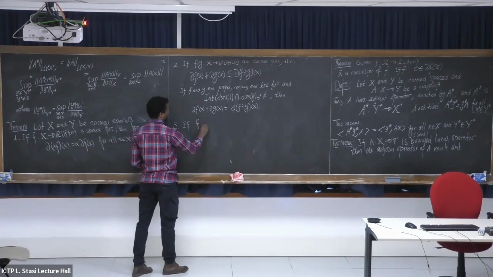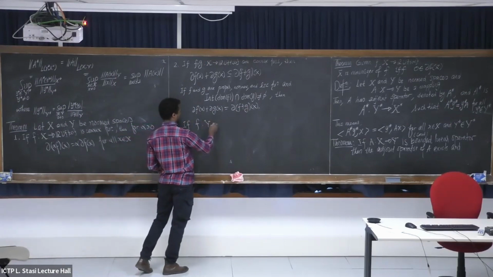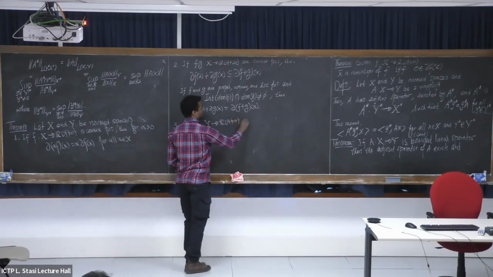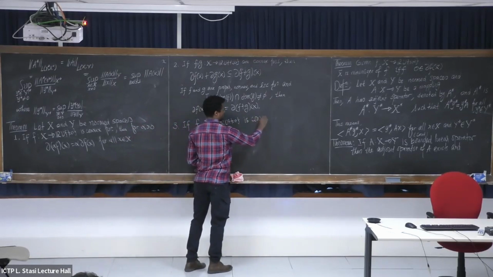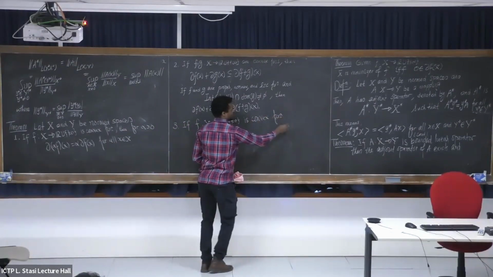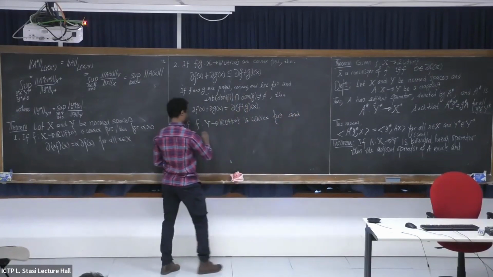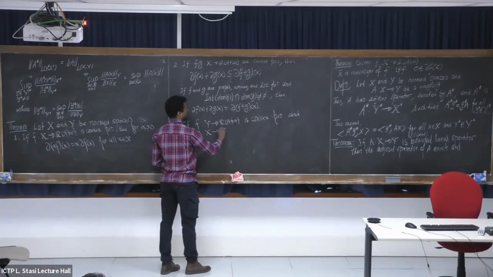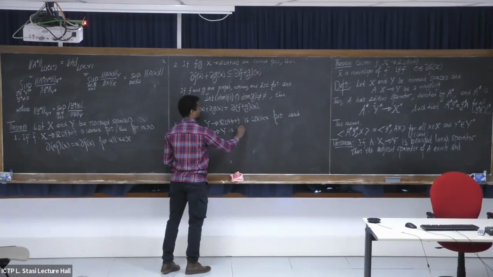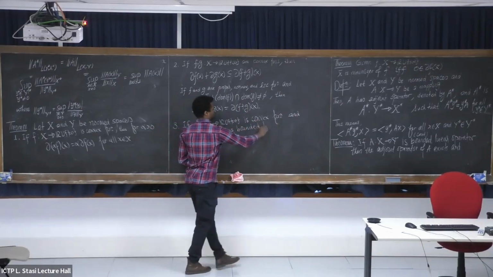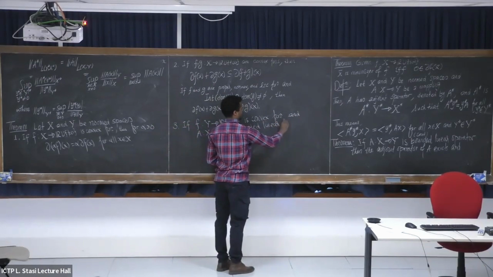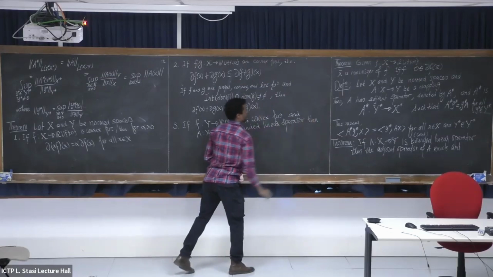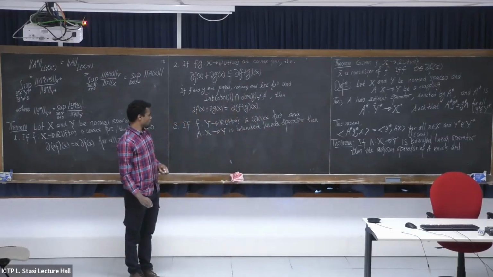If f from Y to R is a convex function, and A is a continuous linear operator, or bounded linear operator, then the following holds.